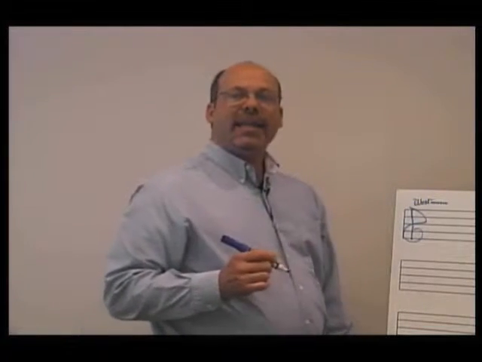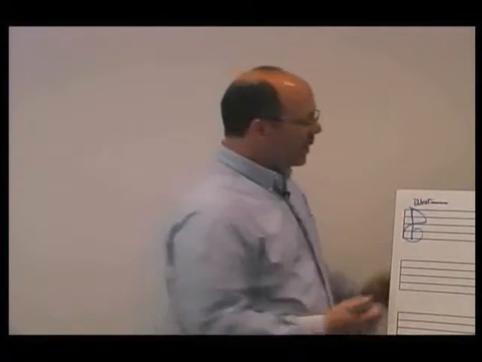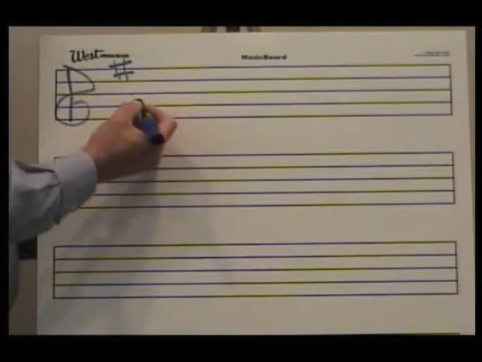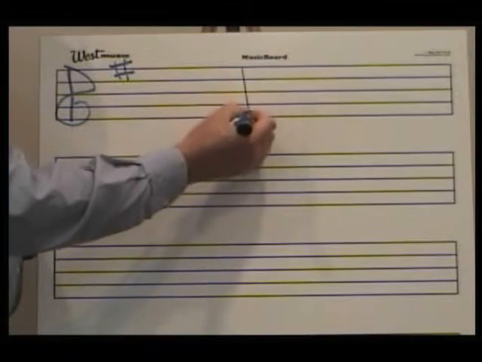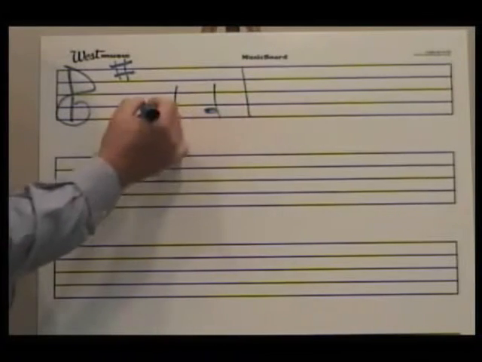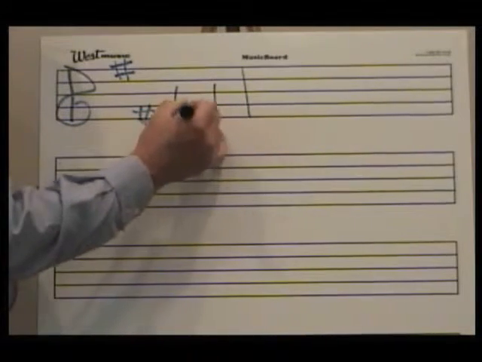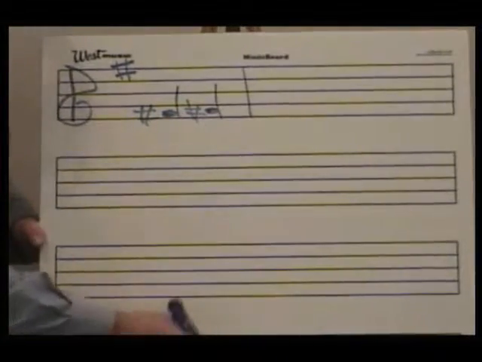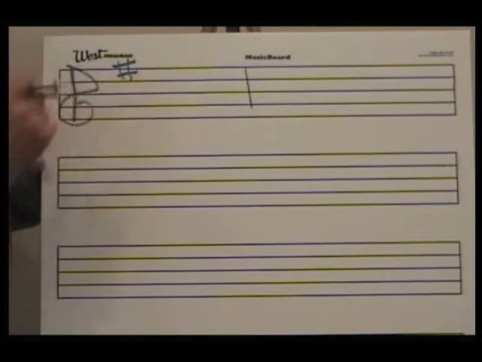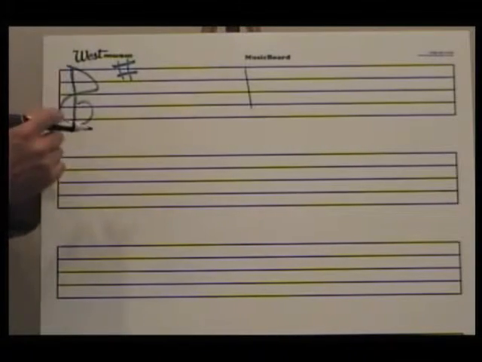But if I'm in the key of G, I know that the key of G has one sharp, and that's F sharp. Rather than sharping every F in the key of G as I'm playing along, that would get very messy. Rather than doing that, I simply indicate in the key signature which note will always be sharp.